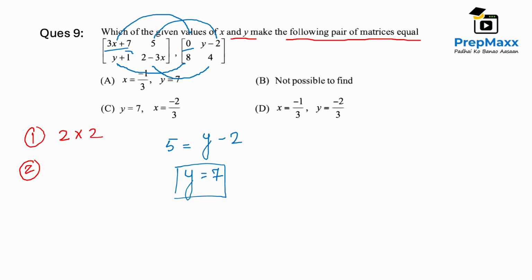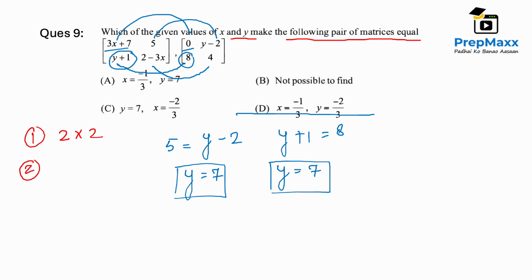Let's see if this is satisfying the condition of y plus 1 equals 8. Yes, if y is 7, we are going to get y plus 1 equals 8. So it is clear that in order to make these two matrices equal, y must be 7. So clearly we can eliminate option D here.